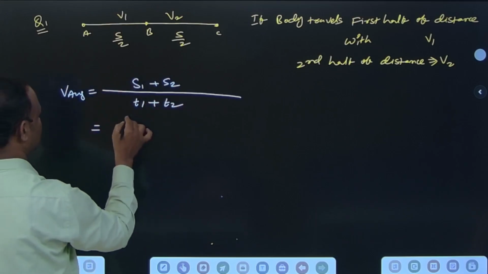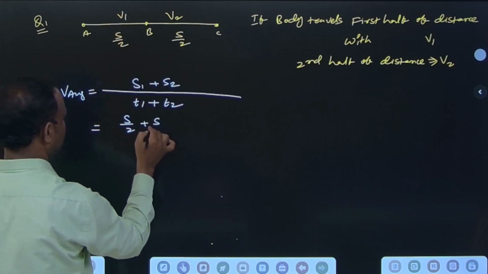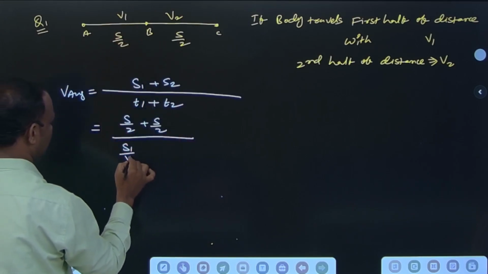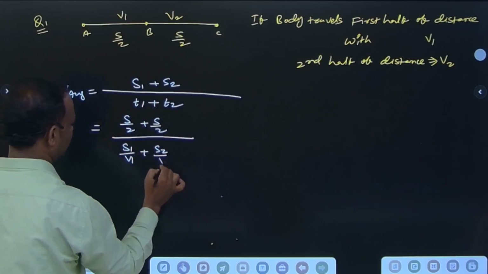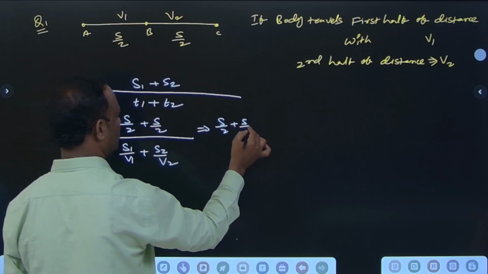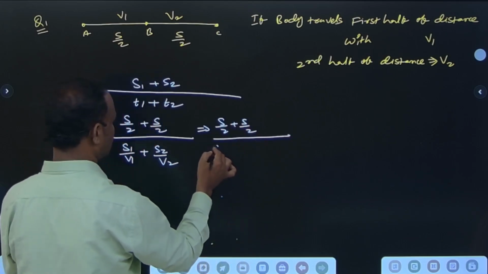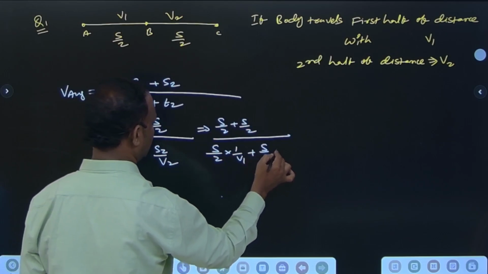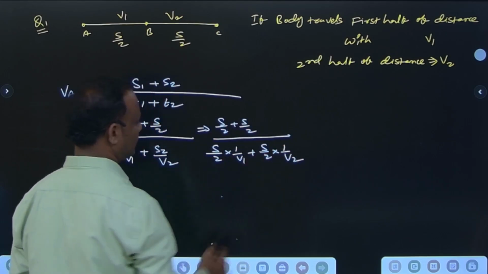S1 means S by 2, plus S by 2. Total time taken means S1 by V1 plus S2 by V2, that is S by 2 into 1 by V1, plus S by 2 into 1 by V2.